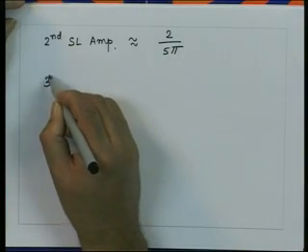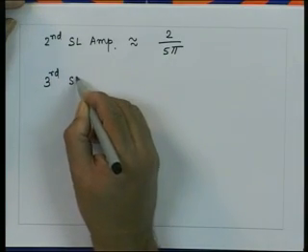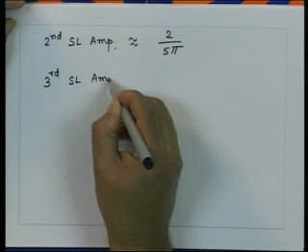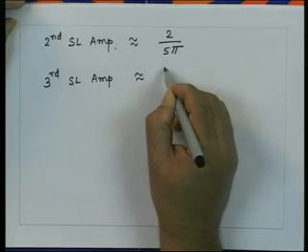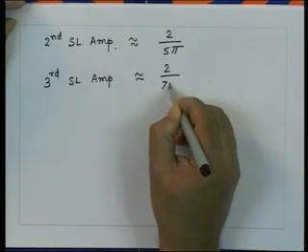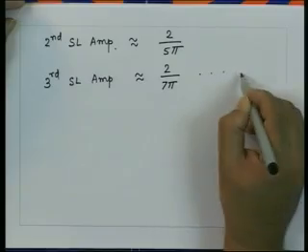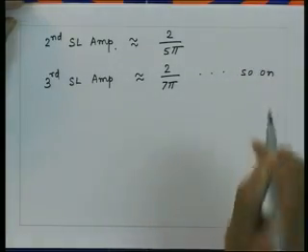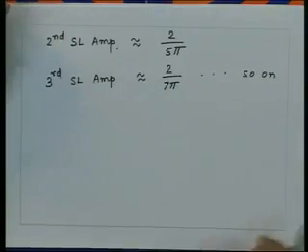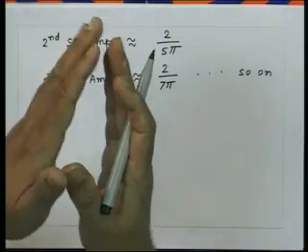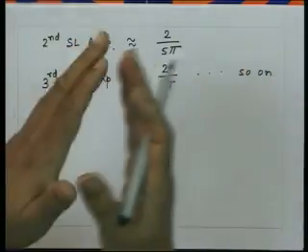The third side lobe amplitude will be approximately 2 upon 7 pi and so on. So, as I go away from the main beam, the m increases and the amplitude of the side lobe decreases. So, the highest side lobe essentially is the first side lobe, which is next to the main beam.